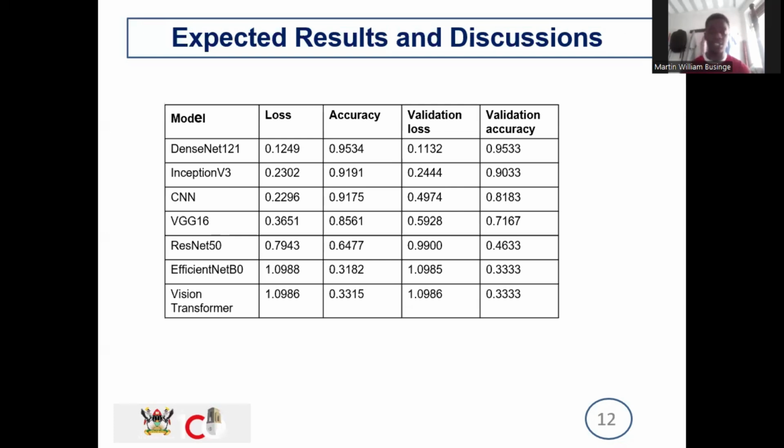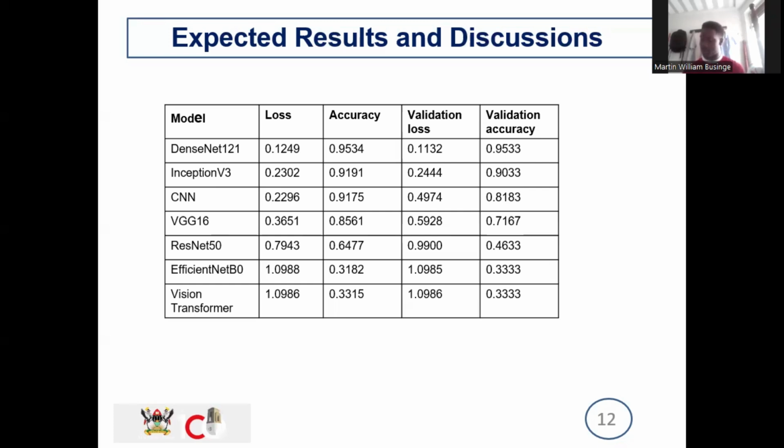From this table, we can observe that DenseNet121 and InceptionV3 have the highest accuracy and the lowest loss for both the training data and the validation data. EfficientNet-B0 and Vision Transformer have the highest loss and the lowest accuracy for both sets of data.